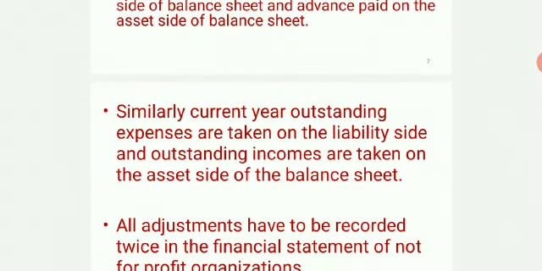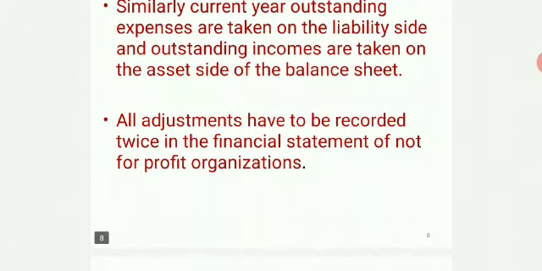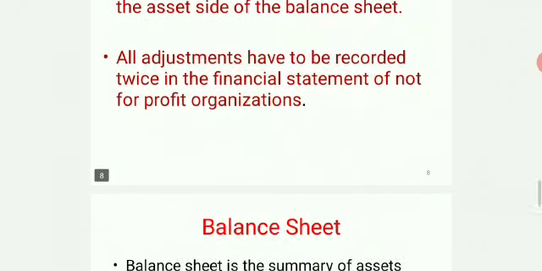Similarly, current year outstanding expenses are taken on the liabilities side and outstanding incomes are taken on the asset side of the balance sheet. All the adjustments have to be recorded twice in the financial statements of not-for-profit organizations.